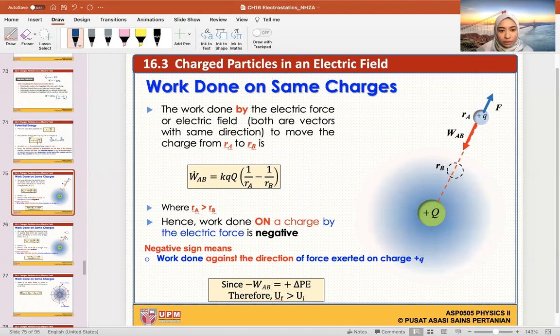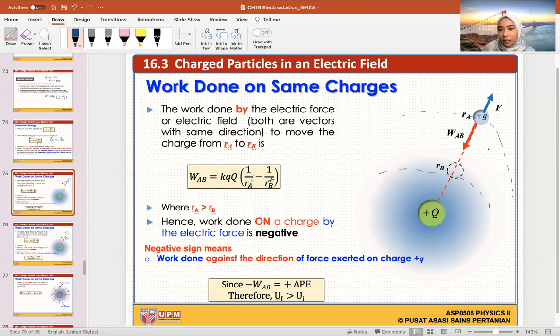So the work done to move the charge from point A to point B, or the work done by the electric field on the charge to move the charge from the initial point to the final point, is equal to kQq, in brackets, 1 over initial minus 1 over final. This is the weird equation that I talked about, right? Where RA is greater than RB. So here, RA is at a distance that is further away than RB.